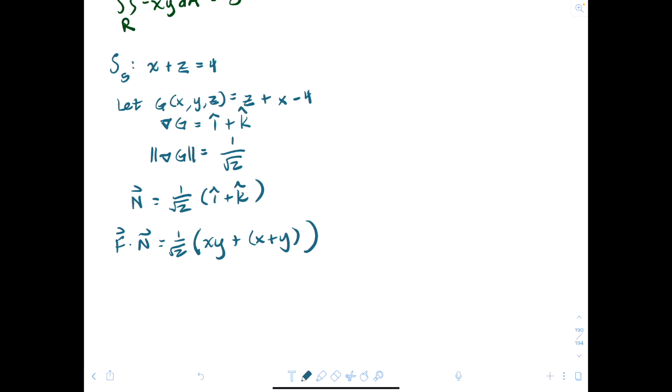And so our integral, therefore, will be equal to this integral over S, it's a little more complicated, of 1 over root 2 times xy plus x plus y. And remember, you got to multiply it by the magnitude.